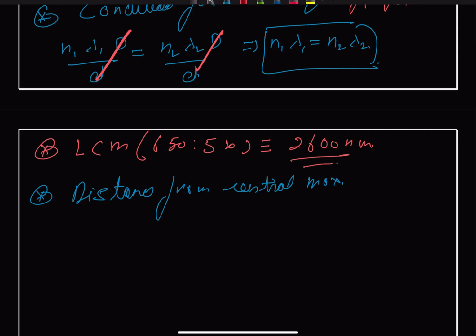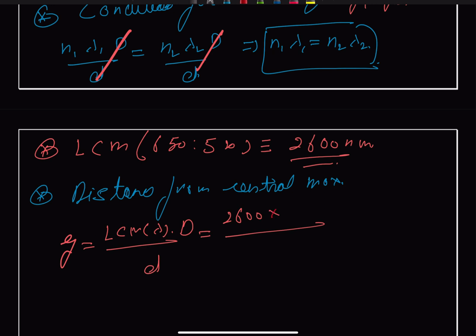We can write that y will be equal to the LCM of the wavelengths, which we just found, times capital D divided by small d. This comes as 2600 into 10 to the power minus 9 multiplied by 1.5, divided by 5 into 10 to the power minus 4, and this comes as 7.8 millimeter.